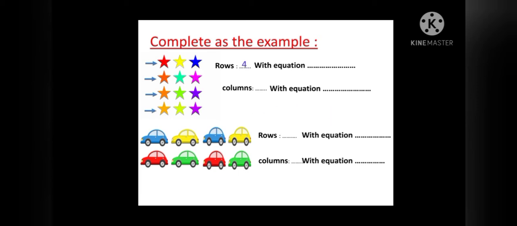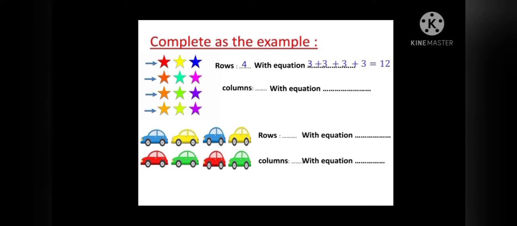I have here 4 rows. Ask yourself, in each row how many stars? I have here 3 stars. So I make 3 plus 3 plus 3 plus 3, 4 times. Why 4 times? Because I have 4 rows. So 3 plus 3 plus 3 plus 3, it will be 12.